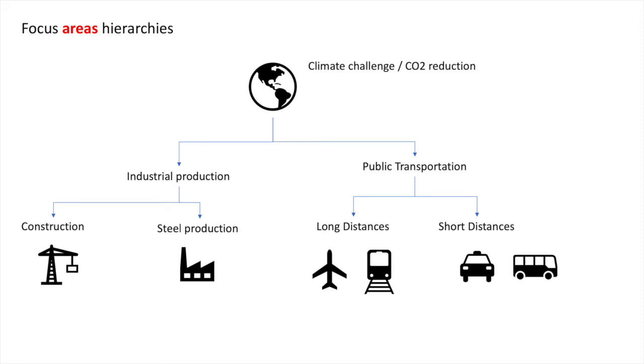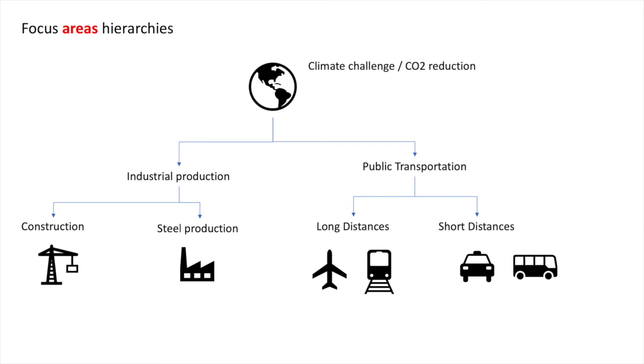Construction industry, under industrial production. Steel production would be one kind of industrial production. Now, under public transportation, focus areas could be long distance transportation and short distance transportation. The first one including airplanes and trains, and the other one including taxis in cities and buses.